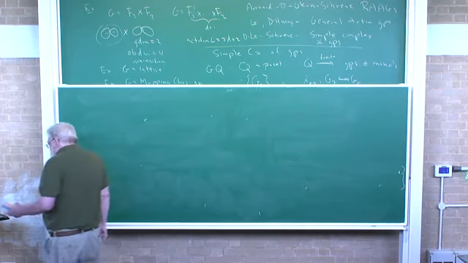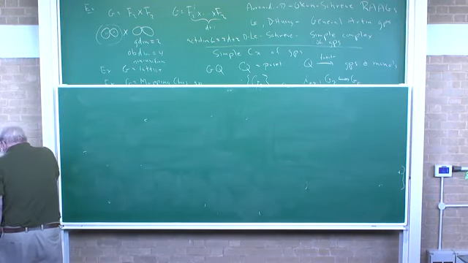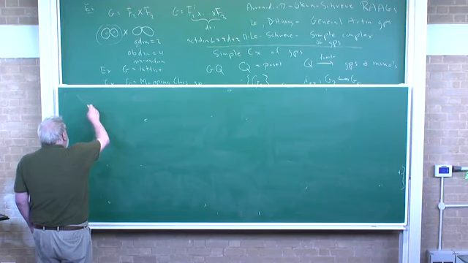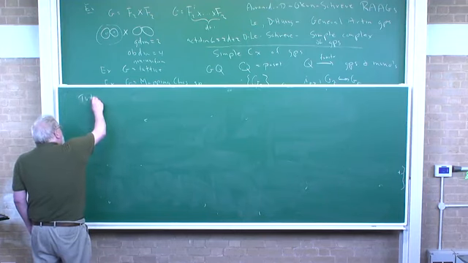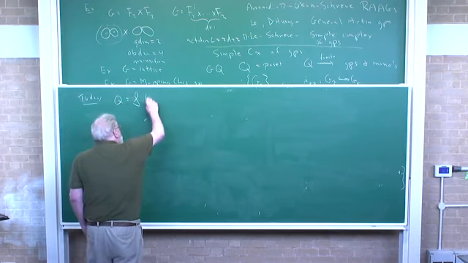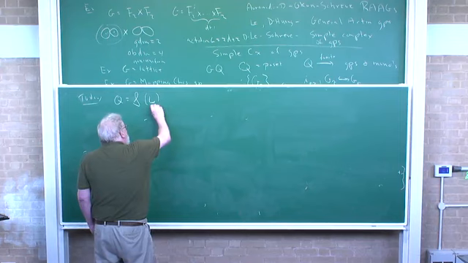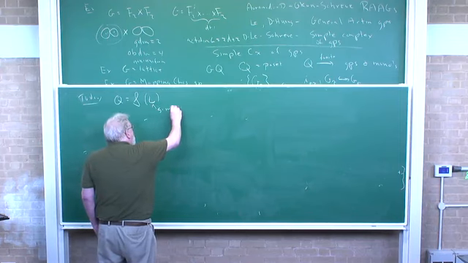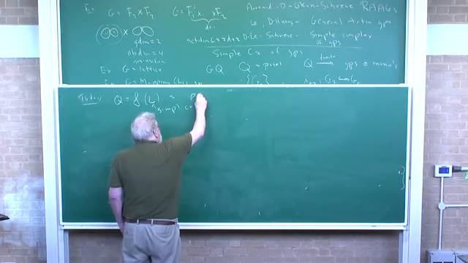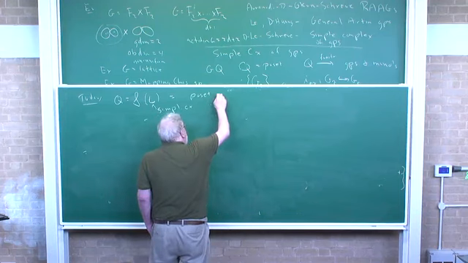So today, Q will be, I'll use the notation S of L. So L will be a finite simplicial complex, and this will be the poset of simplices, including the empty simplex.